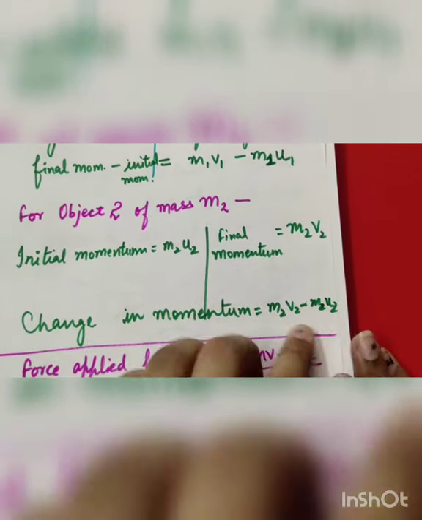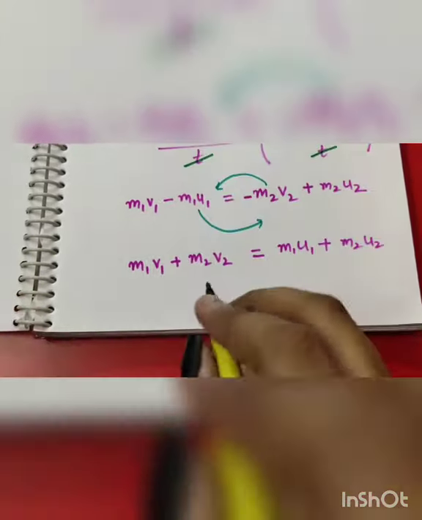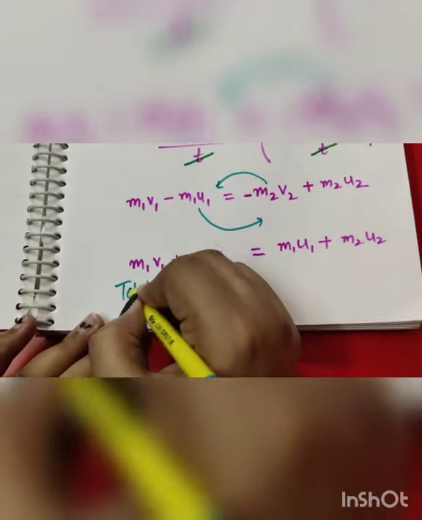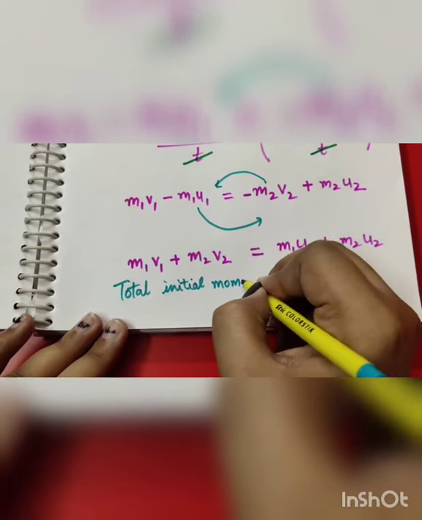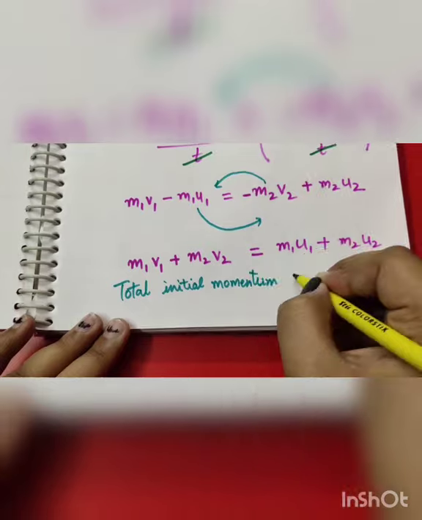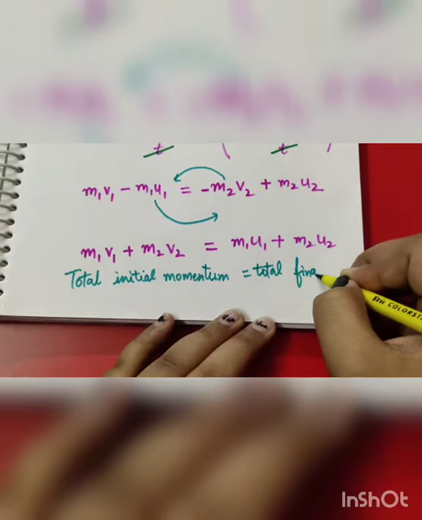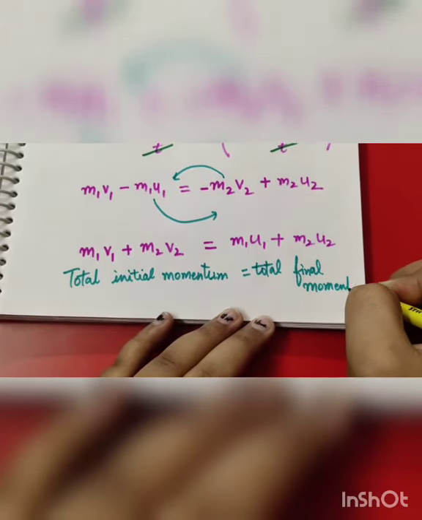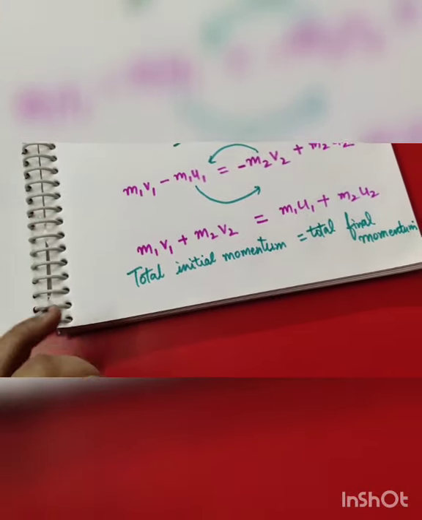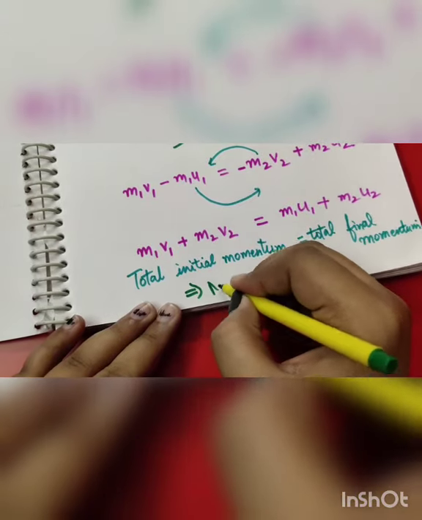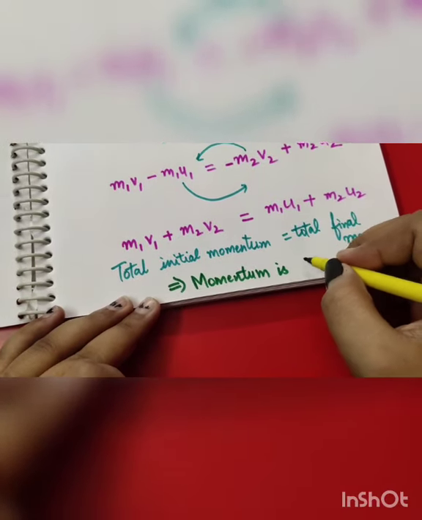So what we are saying in this statement is that the sum of initial momentum of both the objects, so total initial momentum, is equal to total final momentum. So we can conclude that momentum is conserved.